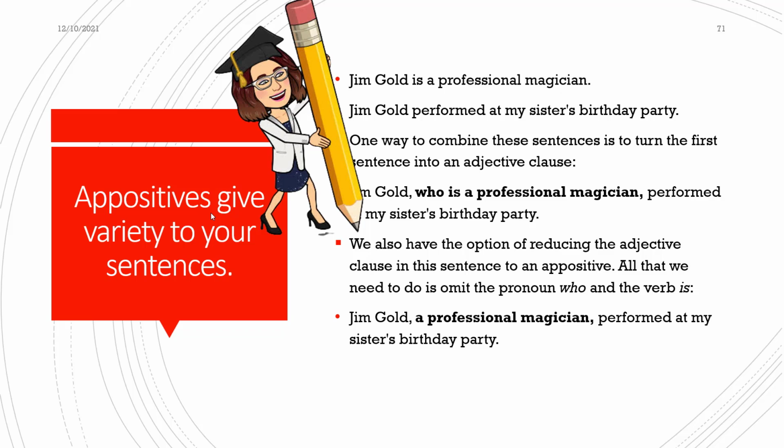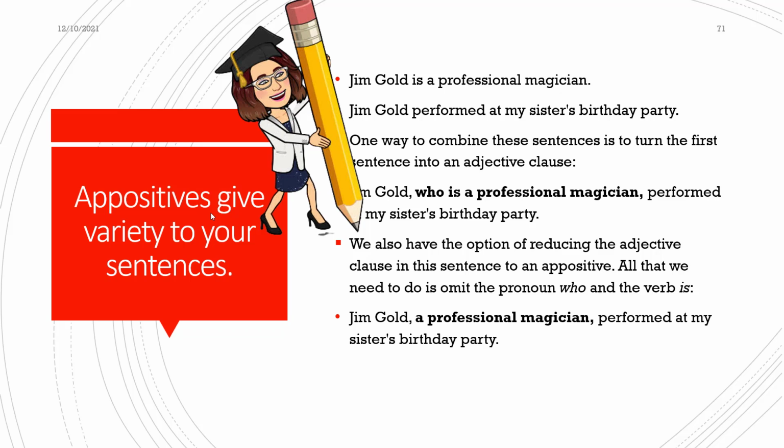Appositives give variety to your sentences. So instead of saying Jim Gold is a professional magician. Jim Gold performed at my sister's birthday party. One way to combine these sentences is to turn the first sentence into an adjective phrase. So when you have two of the same subjects, then you can use an adjective phrase to combine the two sentences.